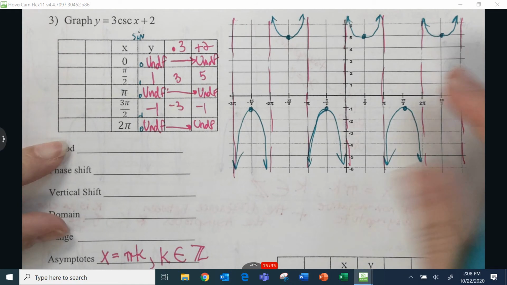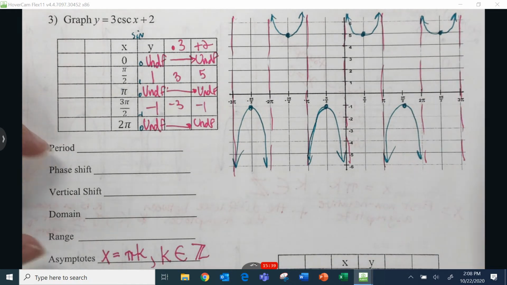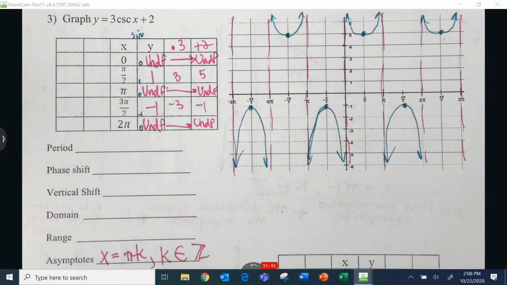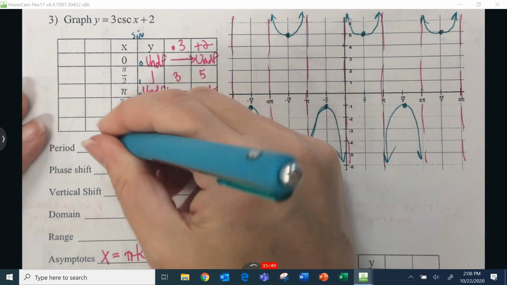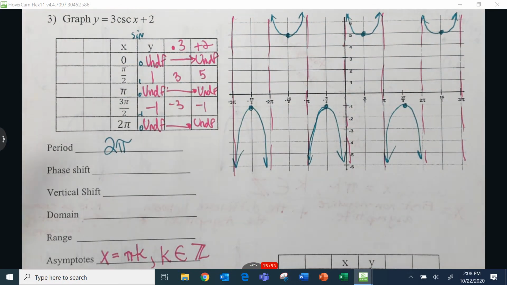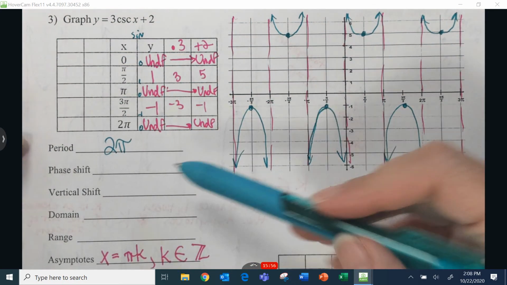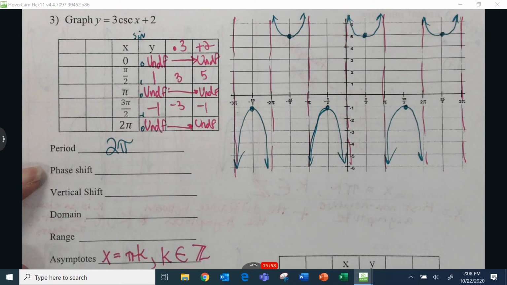So now we're going to answer questions about this. We're going to start with period. Since these are just coming from sine and they're reciprocated values, that changes nothing about the period. So the period is still 2 pi, unless we have a horizontal stretch or shrink, which we did not. Phase shift is the shift left or right, which didn't have one.